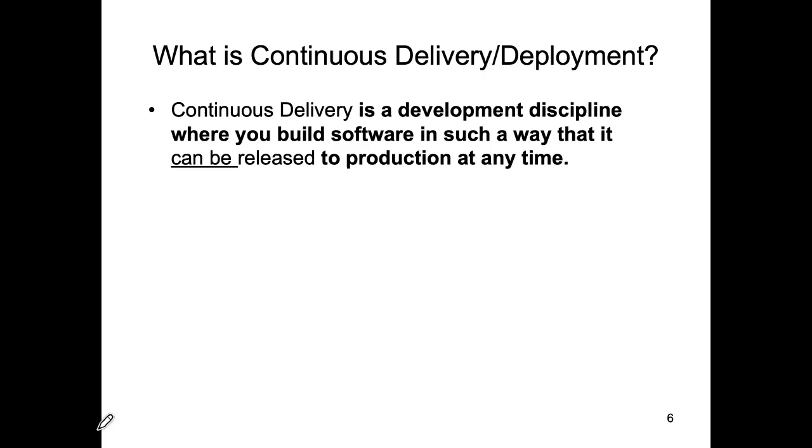Continuous delivery, I'm saying there, is the development discipline. So it's another kind of practice or discipline where you build software in such a way that it can be released to production at any time. Now, the key point of continuous delivery is that the newest build of the application can be released to production at any time, but it doesn't happen automatically.